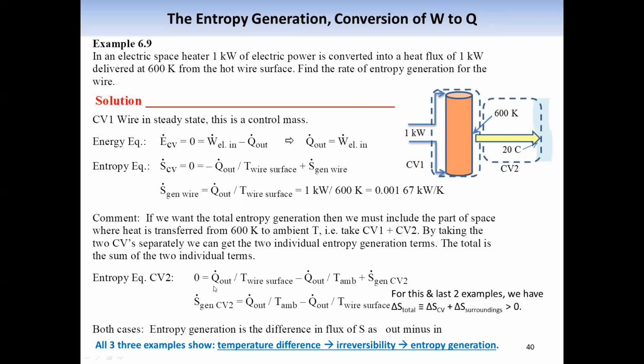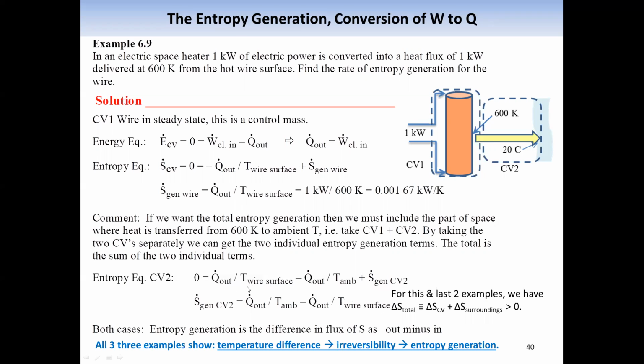In the steady state, the left-hand side equals 0. On the right, we have two heat transfer terms and one entropy generation term. The first heat transfer term is for the left-hand side.